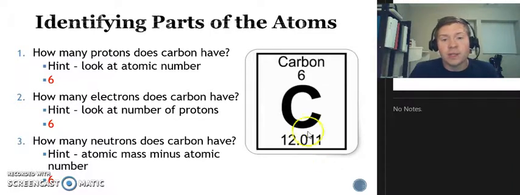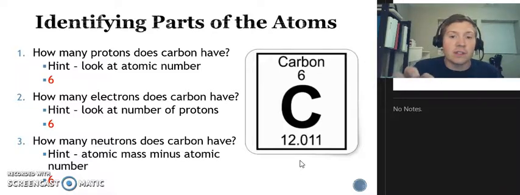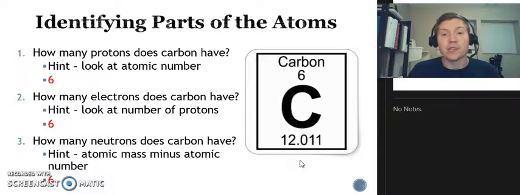But what this number on the table really represents is the average mass of all the carbon that there is in the universe. And there's some carbon that is heavier than other carbon. So for example, a lot of carbon has 6 protons, 6 neutrons. That gives it a mass of 12. But there's some carbon that has 8 neutrons.